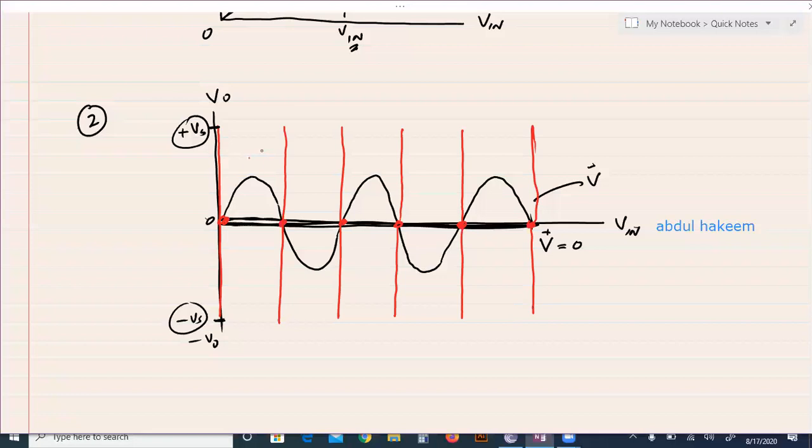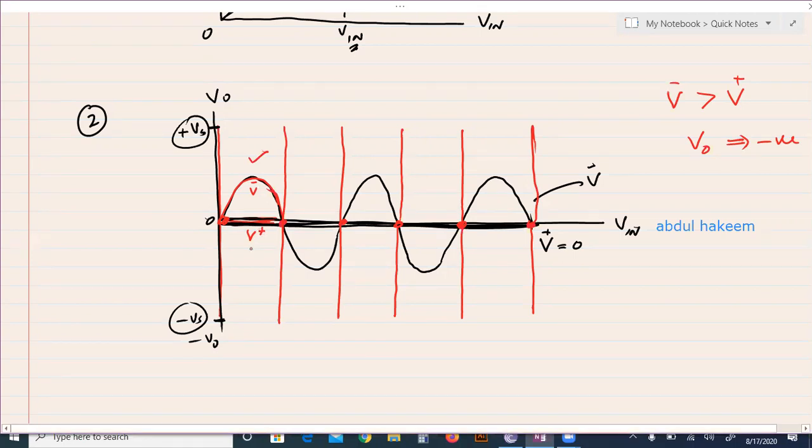Now in this region, we have two inputs. One input is 0 and the other is greater than 0. So this 0 is non-inverting and this non-zero is inverting. We have done that when inverting input is greater than non-inverting, then output polarity is negative.